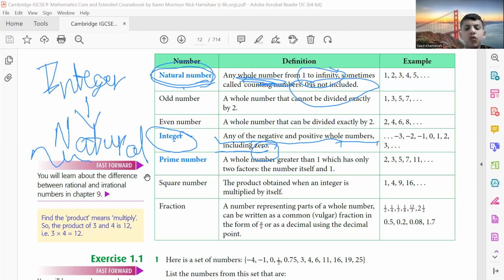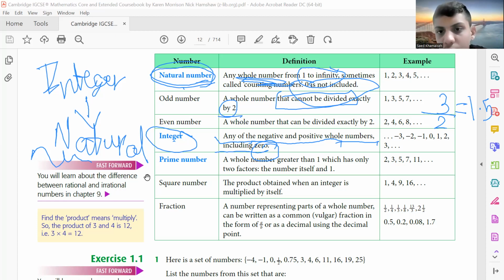Okay? Odd numbers, you know, cannot be divided by 2. I mean, if I divide 3 by 2, for example, now I put it on my whiteboard so you can understand. Or one minute. I have another way.